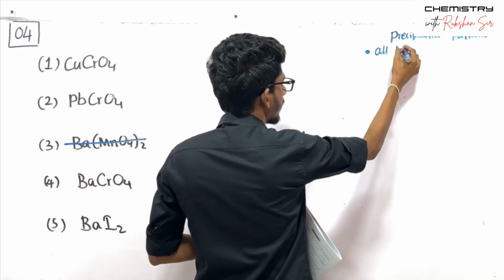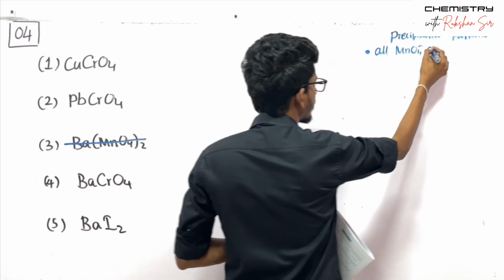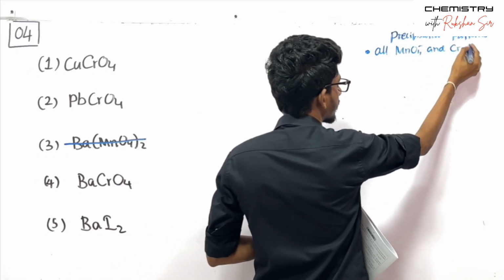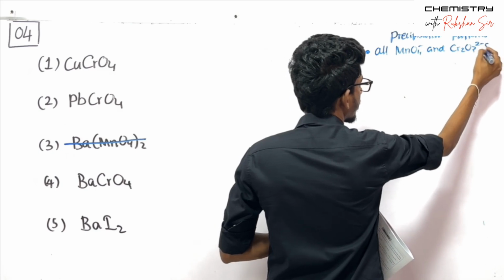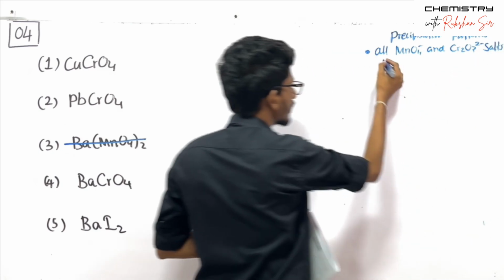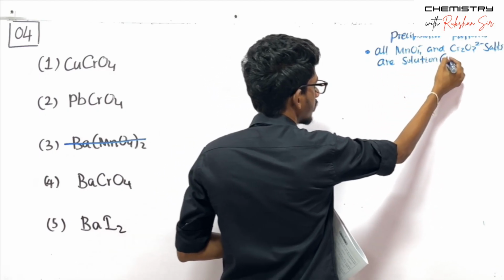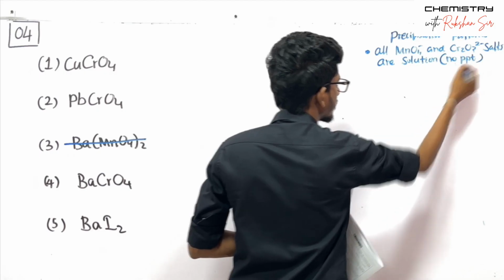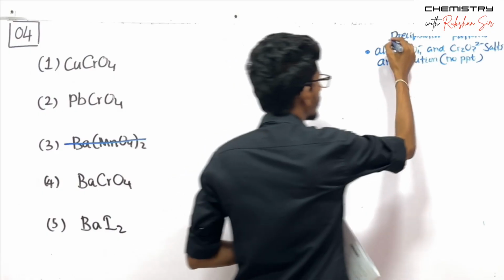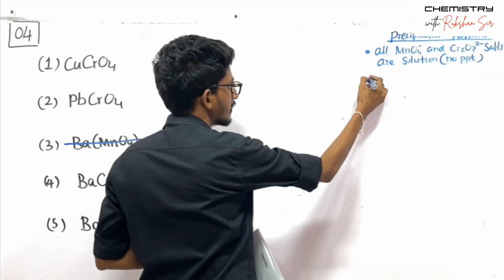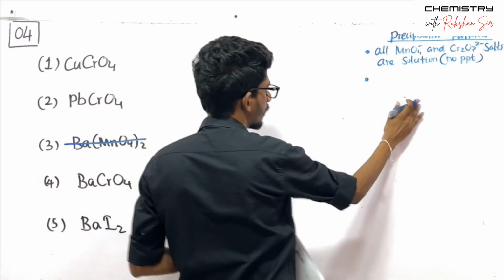All MnO4 minus and dichromate salts are soluble. No precipitate, right? And when it comes to chromates, what are the chromate precipitates available?